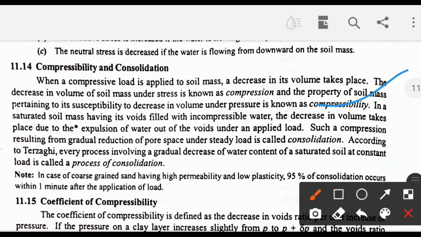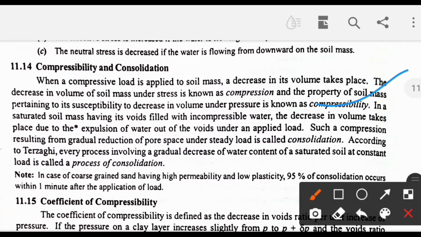In a saturated soil mass having its voids filled with incompressible water, the decrease in volume takes place due to the expulsion of water out of the voids under an applied load.